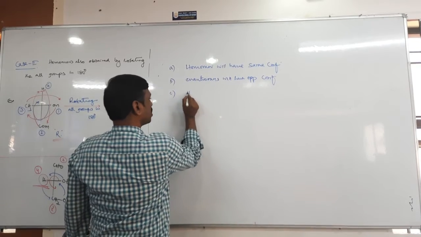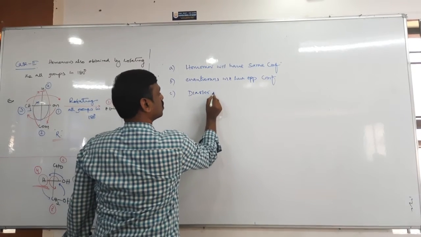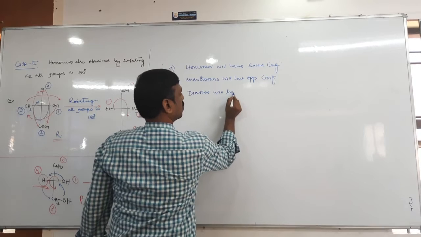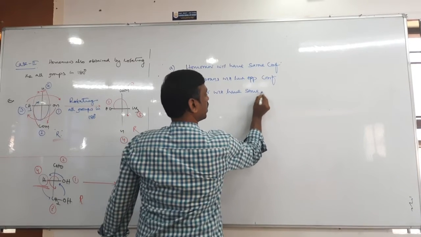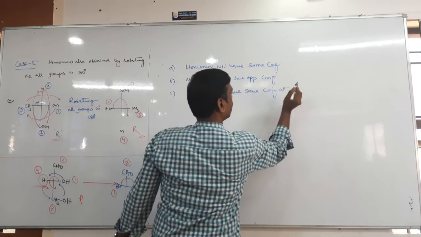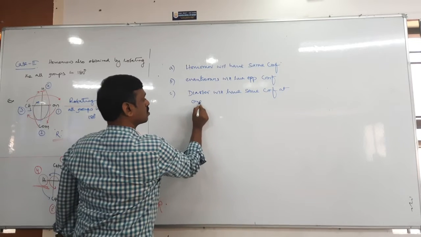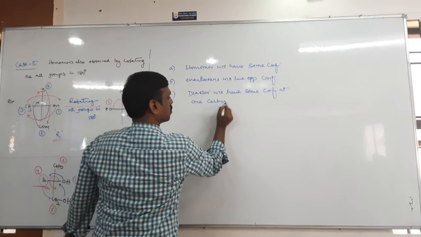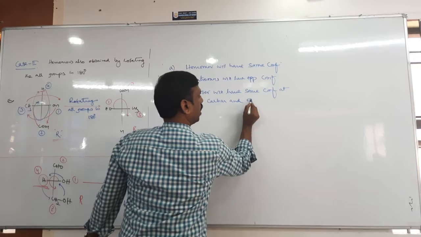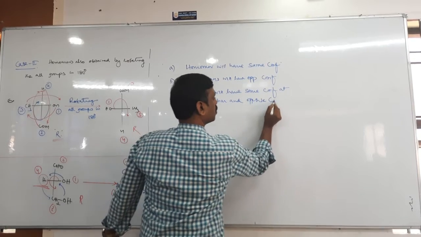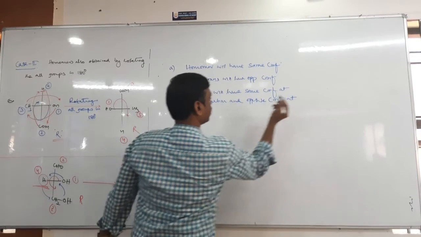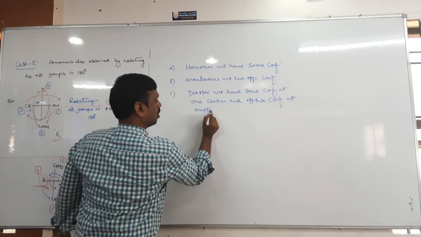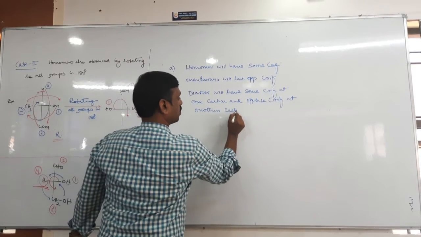So diastereomers will have the same configuration at one carbon and opposite configuration at another carbon.